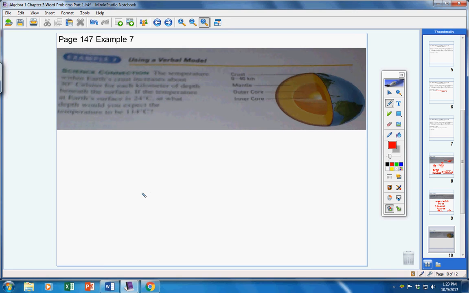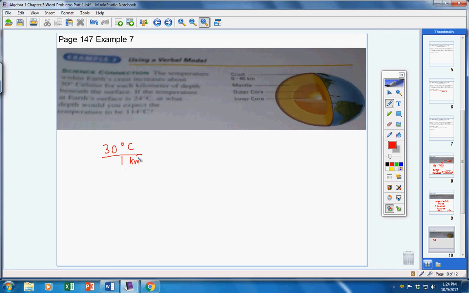Okay, here we go. The temperature within the Earth's crust increases about 30 degrees Celsius for each kilometer that you go down. Okay, so that's a rate. For every 30 degrees Celsius, we go down 1 kilometer.